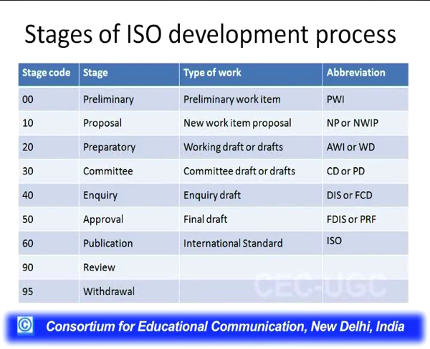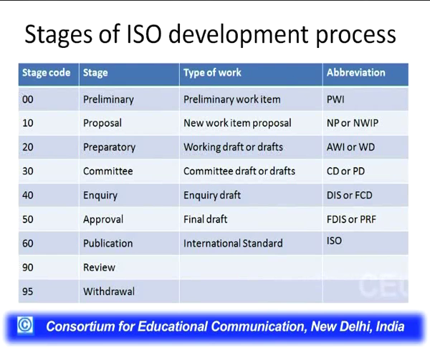When the final draft is done and final documentation is done, the next stage, the publication stage, comes, and the code of that stage is 60. The work done is to check before publication that the final draft actually meets the international standards or not.